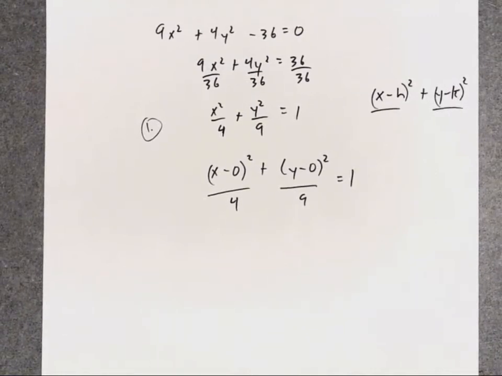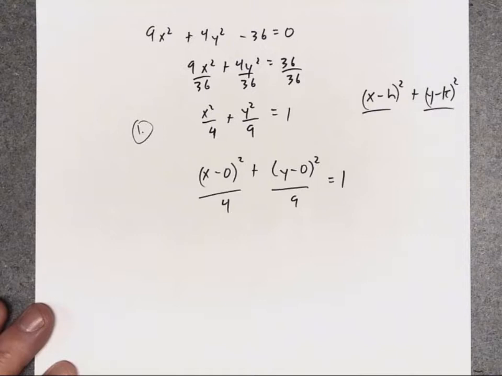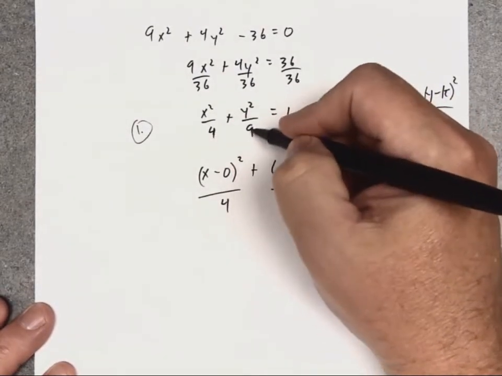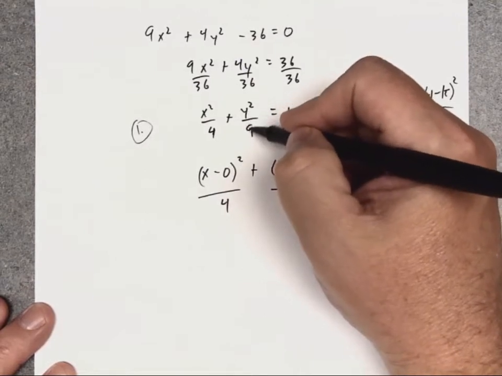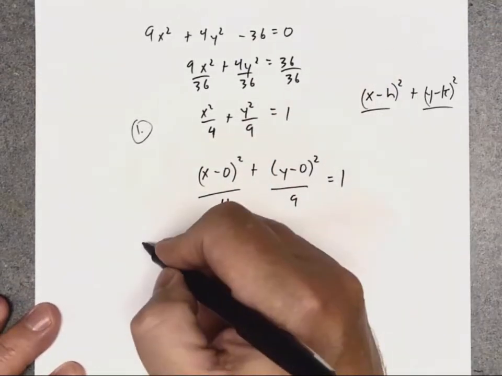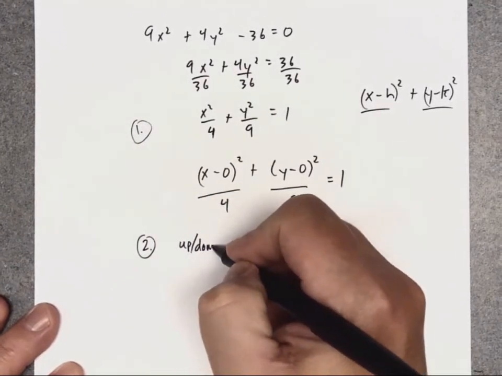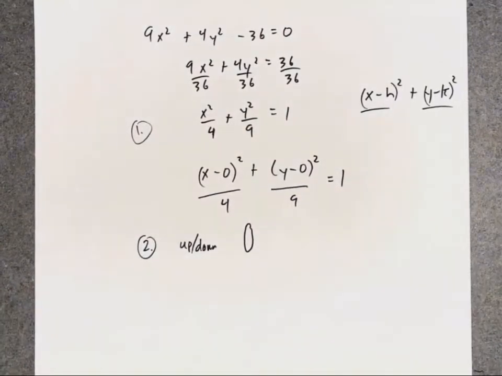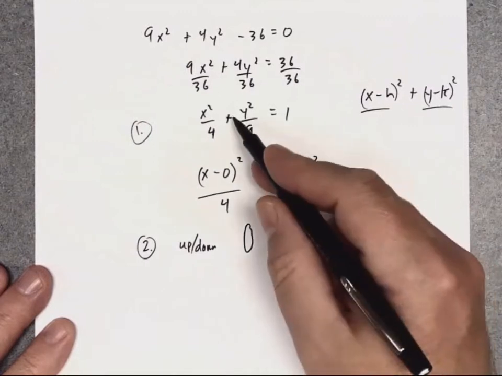Step 2 was determine what kind of ellipse we have, up or down or left or right. And the key there is you look for the largest denominator. Here, 9 is bigger than 4, and 9 is grouped with the y. So the second step says this is going to be an up and down ellipse. I look at my equation.